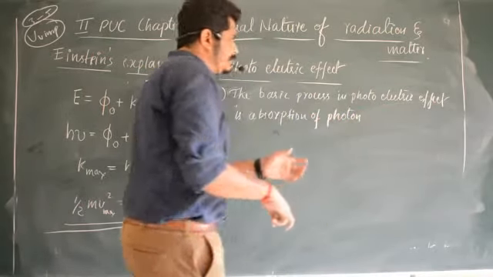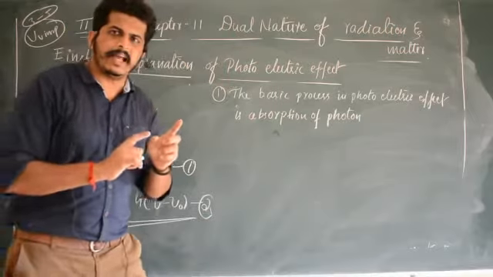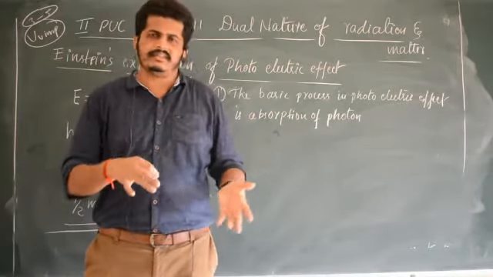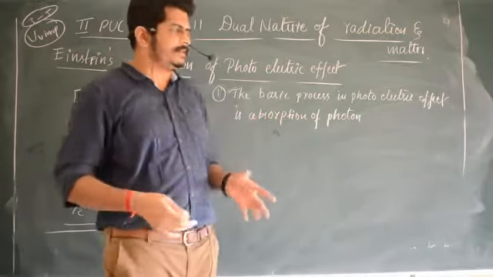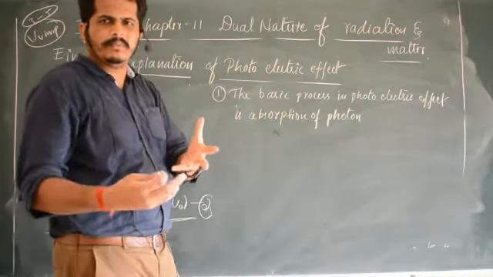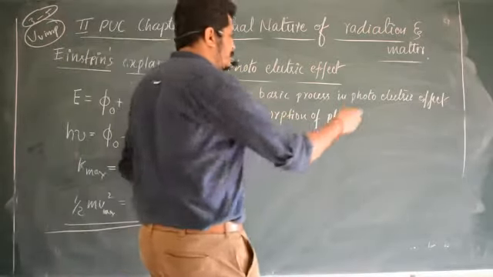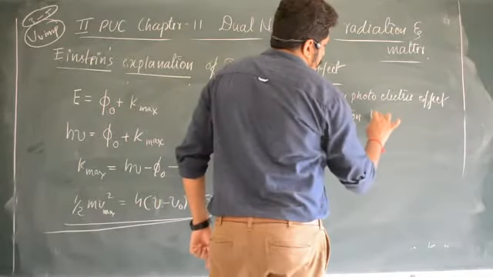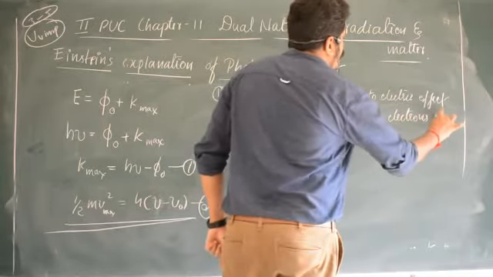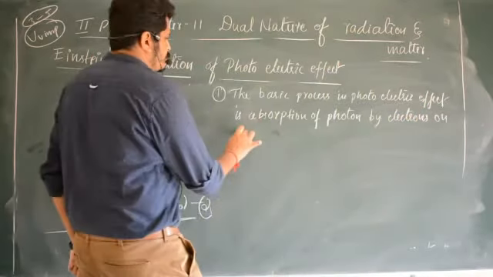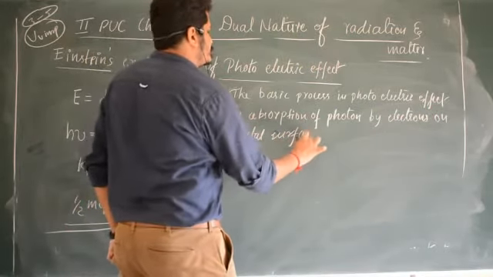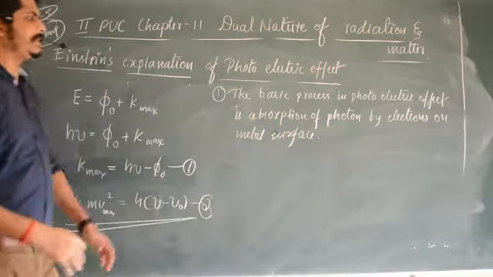See, the same thing explained by Hallwachs means they just treat it as a wave. When light of suitable frequency falls, like that. They didn't explain much about this, correct? But Einstein says it's nothing but just absorption of photon by electrons on the metal surface. See how nicely and clearly he explained it.